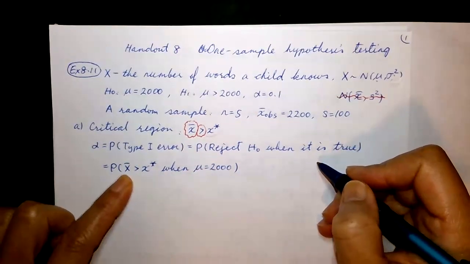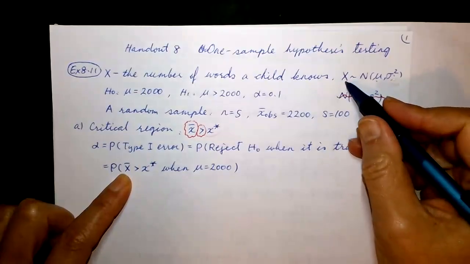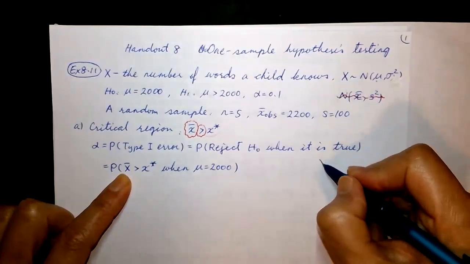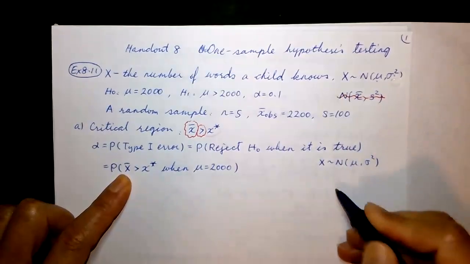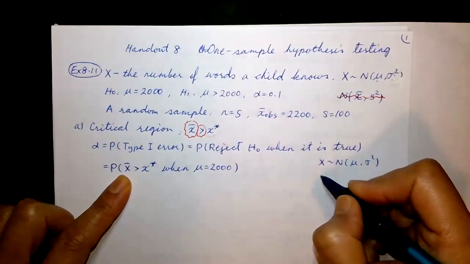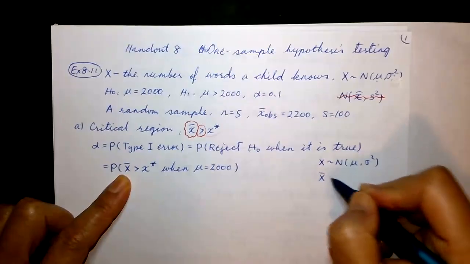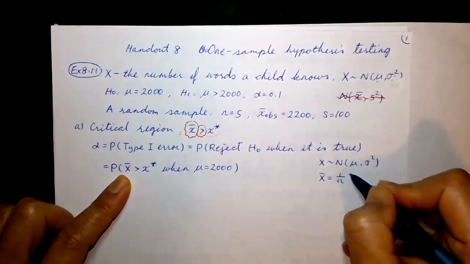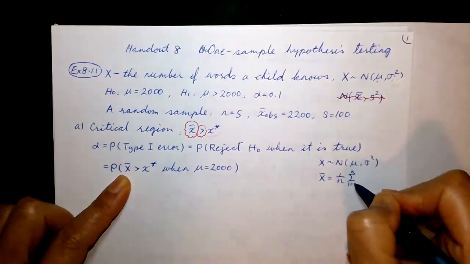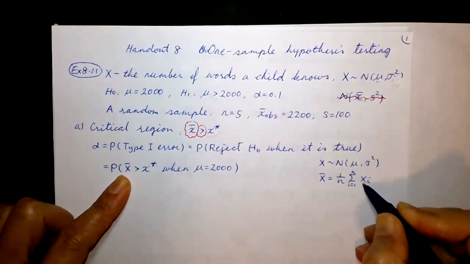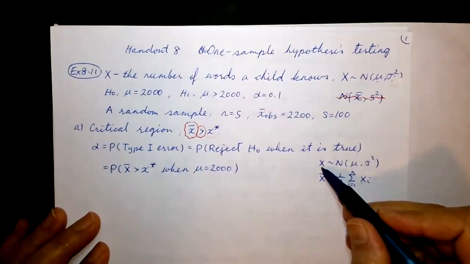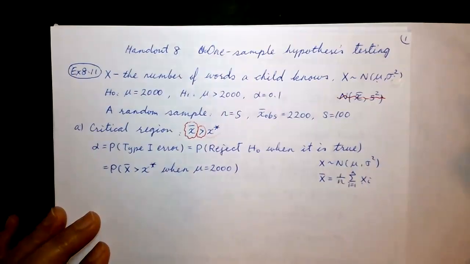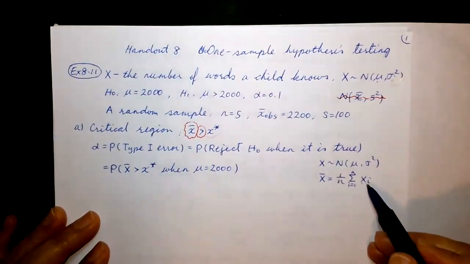So let's look at this variable. X bar is coming from X, right? X follows this normal distribution. What is X bar? X bar is the average of a list of X. So X is a random child, the number of words a random child knows.